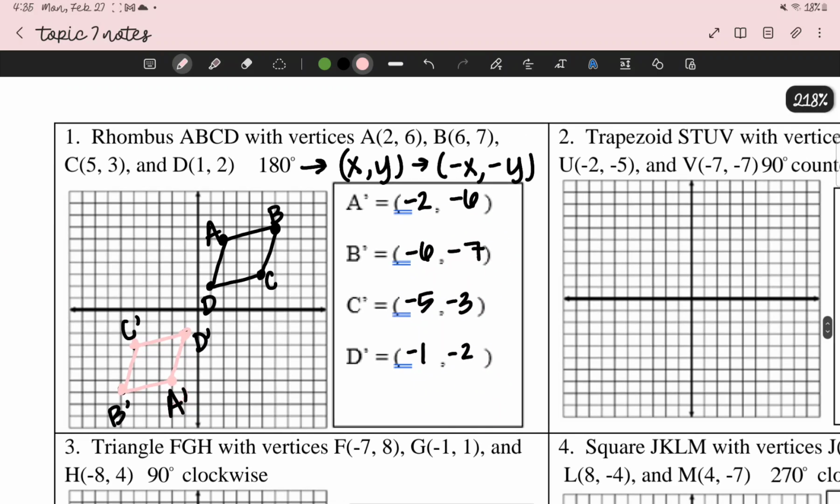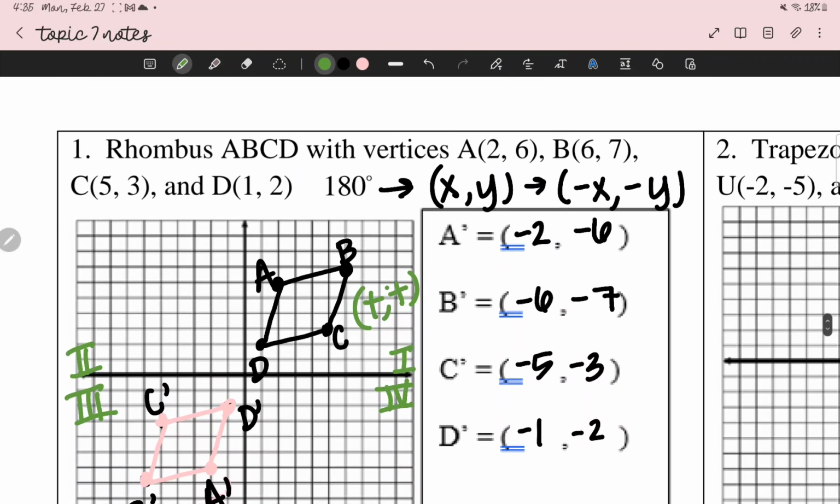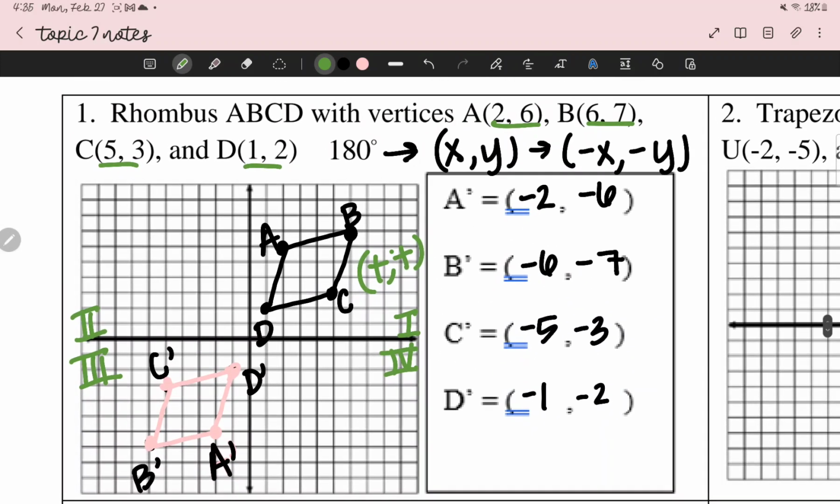Okay, and again, from what I was just saying above, you know that this top right is quadrant 1, then quadrant 2, 3, and 4. Quadrant 1's all positives. If you notice, all of our points for the original were all positives. Then when I moved 180 degrees, that's 90 degrees and 90 more, right?